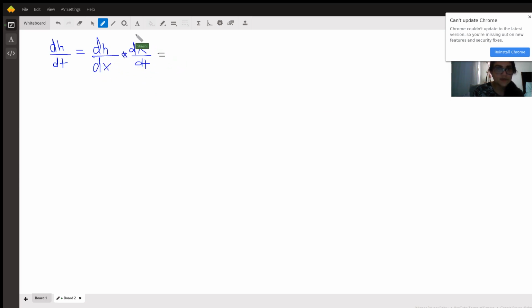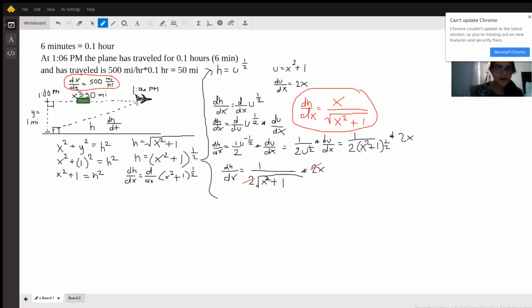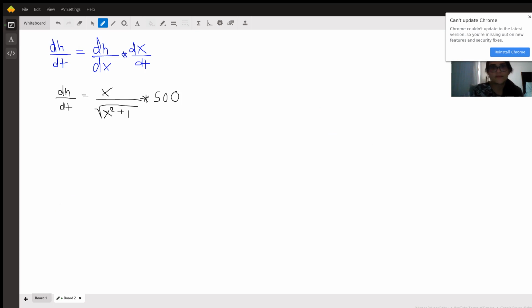So dh over dt, dh over dx is the expression that we computed on the last page. And that would be x over the square root of x squared plus 1 times dx over dt, which is 500. And that's the 500 miles per hour that the plane is traveling at. So x equals 50. Let's go ahead and plug and chug.